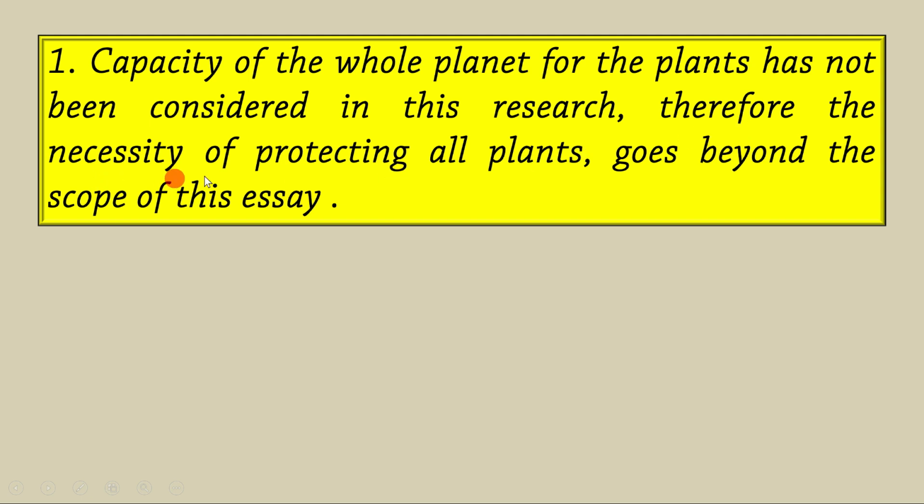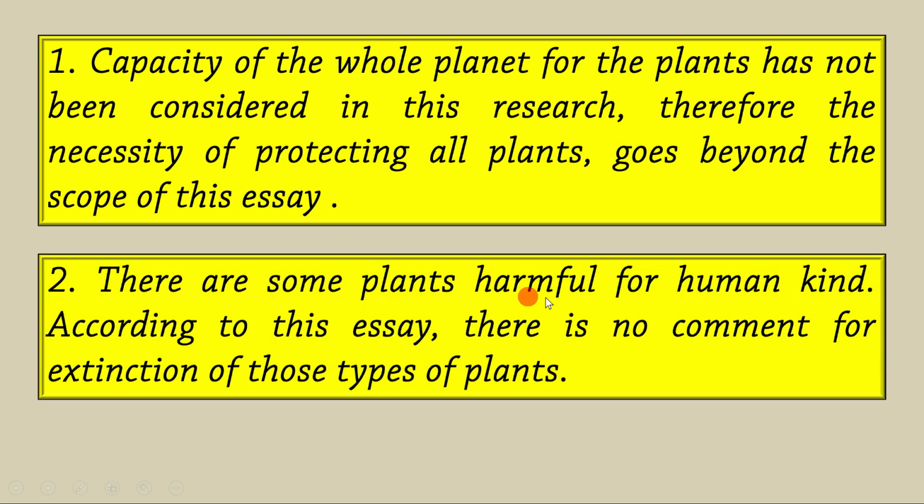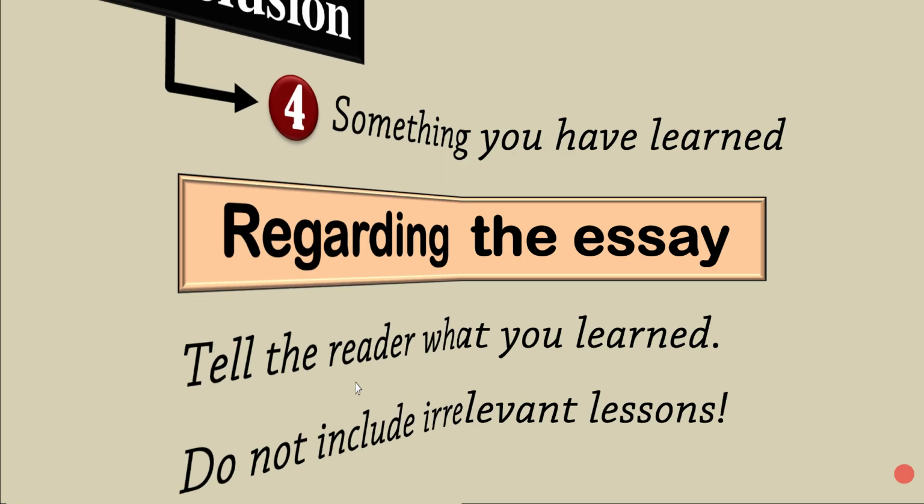Therefore, the necessity of protecting all plants goes beyond the scope of this essay. You see, it's related, but you have not considered it. Number 2. There are some plants harmful for humankind. According to this essay, there is no comment on the extinction of those types of plants.